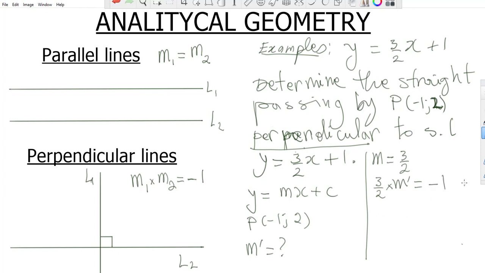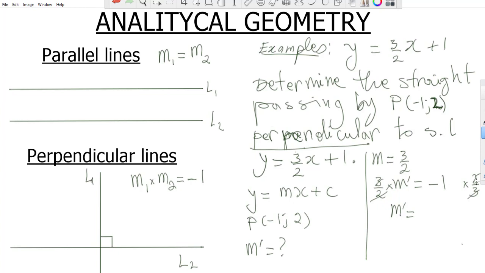If you multiply both sides by the reciprocal, 3 over 2 times 2 over 3 will be cancelled out, so this will be m prime.